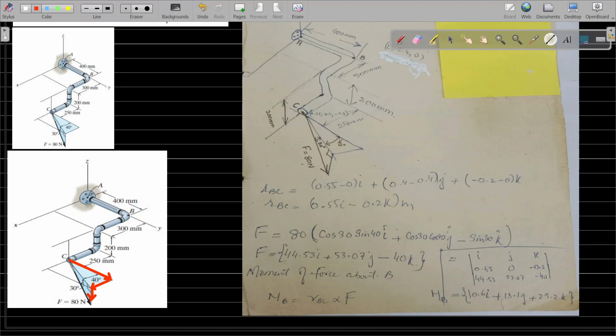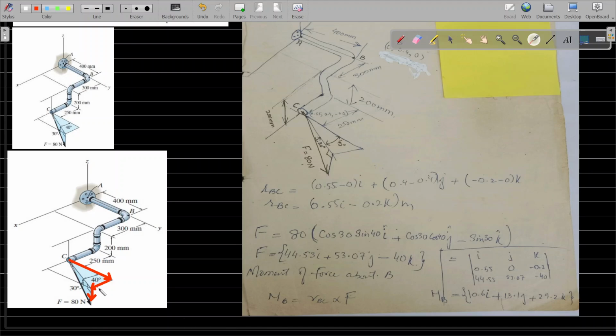So force F will be equal to 80 times the components. The vertical component of the 80 Newton force will be 80 sine 30, but a minus sign comes in because it is on the negative side of the z-axis; positive z is on top and we are below it, so it is minus sine 30.